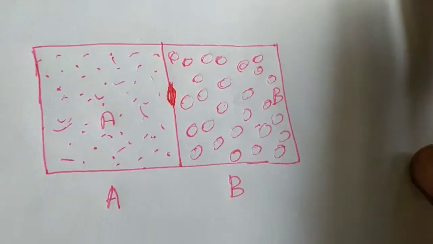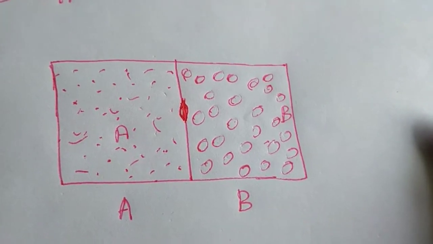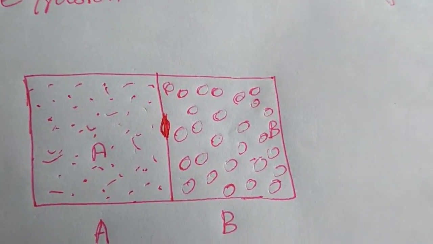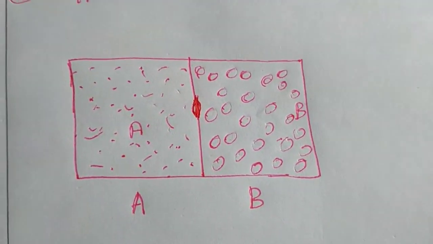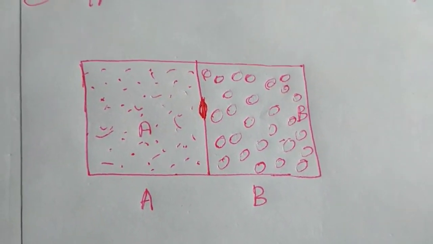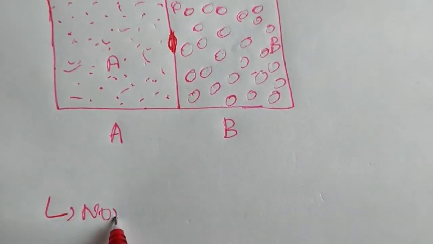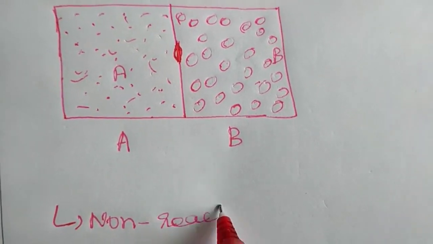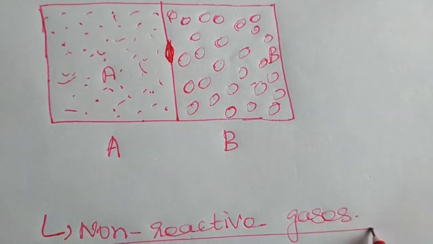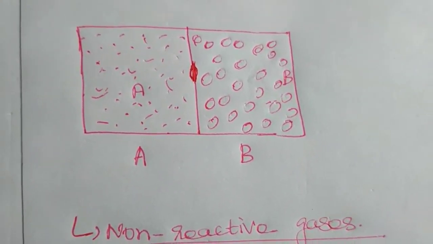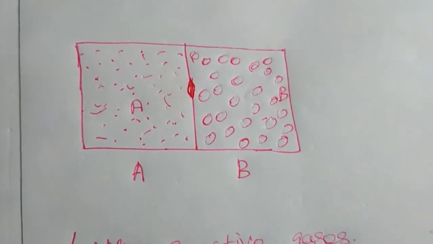Graham's law of diffusion explains the movement of gas particles or air particles, and those moving gas particles should be non-reactive gases. Why should they be non-reactive? Because if they react together, they will produce a new product.